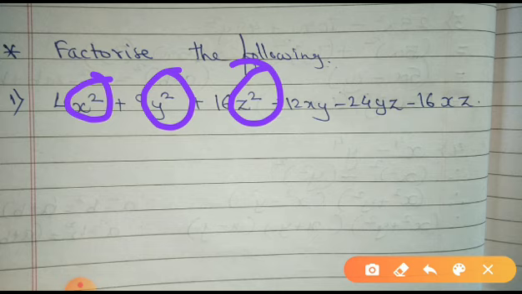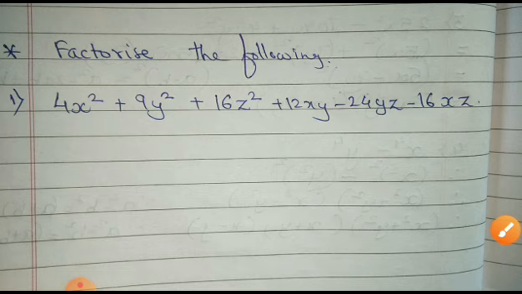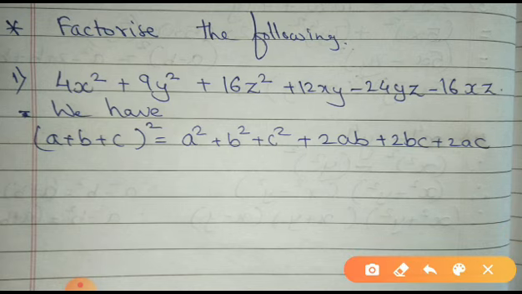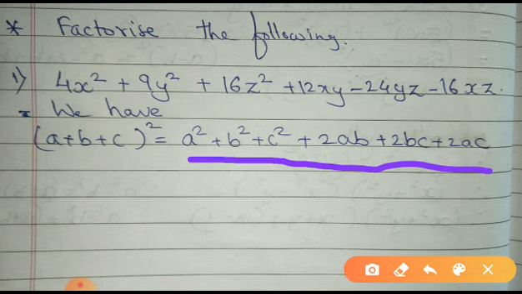So what should be added there? I have to make use of which identity? Yes, a plus b plus c the whole square. Okay, so what was that? A square plus b square plus c square plus 2ab plus 2bc plus 2ac.